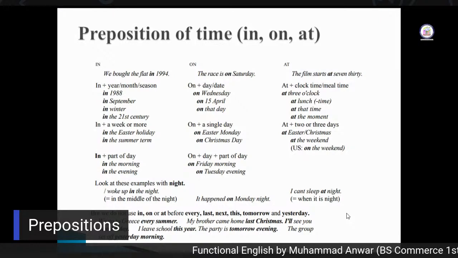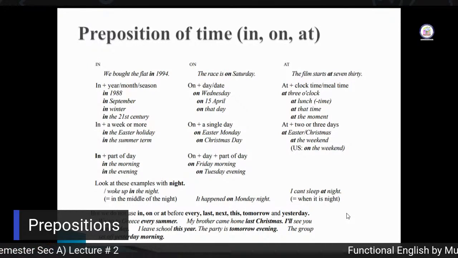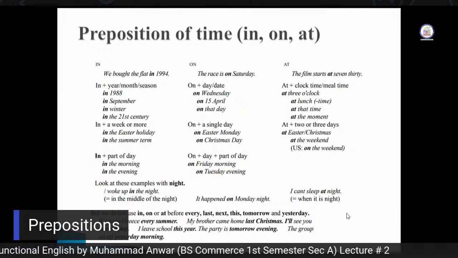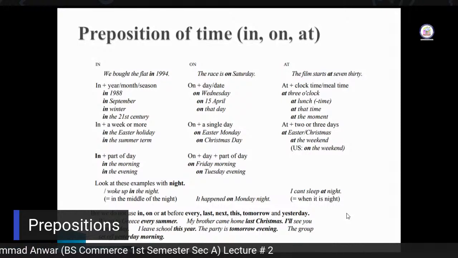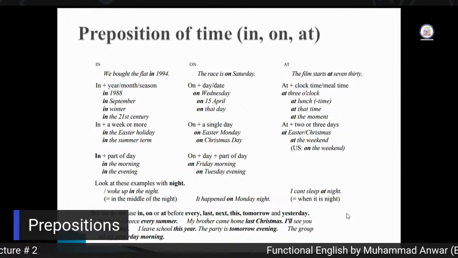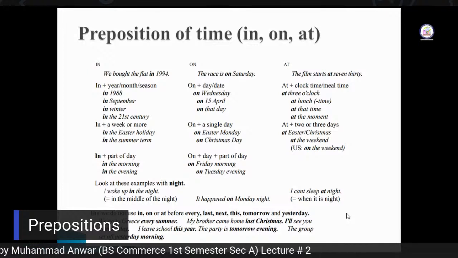On plus day plus part of day, like on Friday morning, on Tuesday evening. Then we have "at". We use "at" before clock time and meal time. For example, at 3 o'clock, the match will start at 6 o'clock.